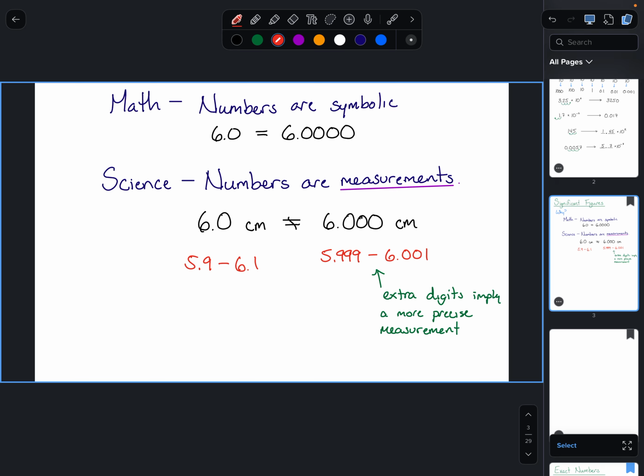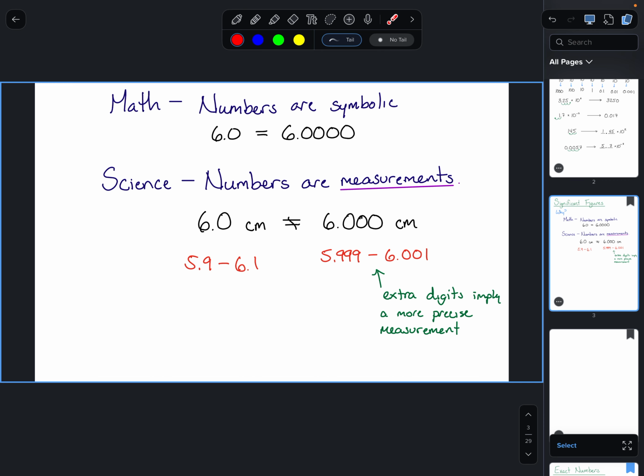Again, indicating a higher degree of confidence of that measurement. I know this is much closer to that value of 6.0 than this one is here, right? I'm more confident about this measurement than I am about this one. And again, it has everything to do with the amount of digits that are displayed, what we call significant figures. Okay?